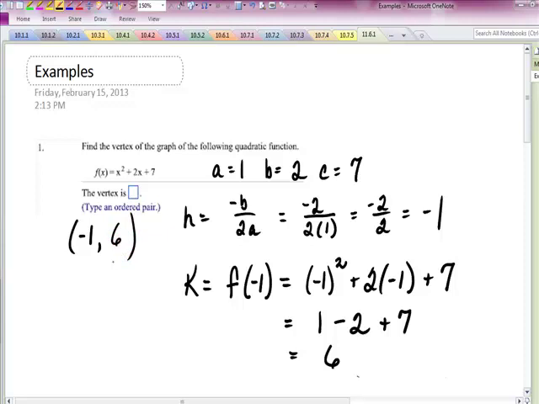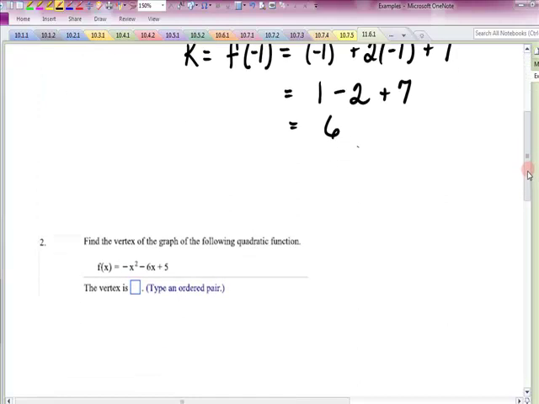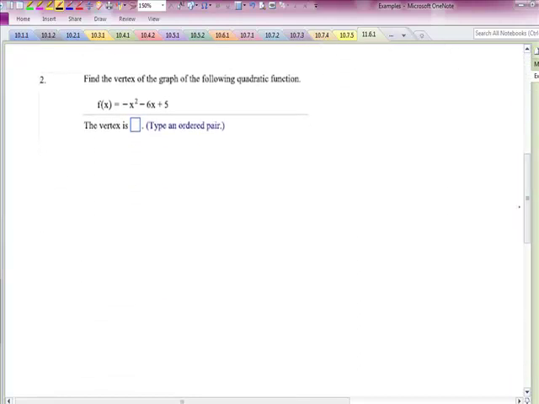In these problems, you're not asked to find the axis of symmetry. It would be x equals negative 1. All right, let's look at another one. In this general form, A is negative 1, B is negative 6, and C is 5.